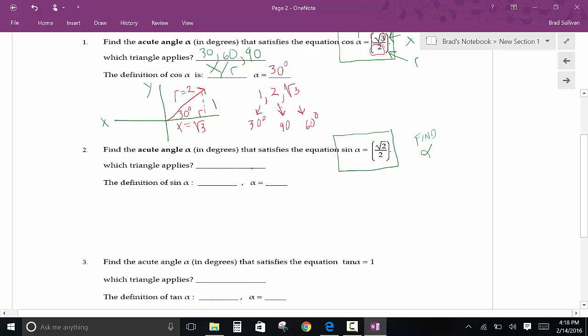What you see on this is, since you have that square root of 2, anytime you have that square root of 2, the triangle that goes along with that is the 45-45 right triangle. We also know that the definition of the sine is y over r. So what that means in this problem is I gave you that y is square root of 2, and I've given you that r is 2, like that.